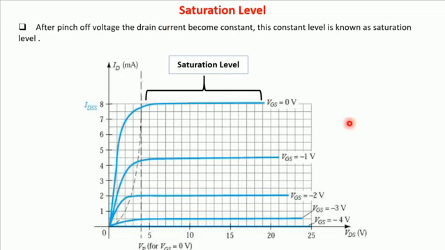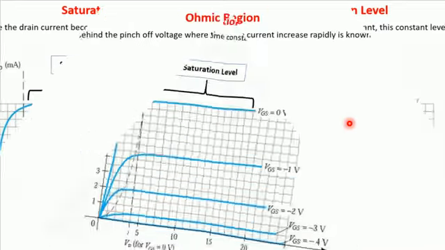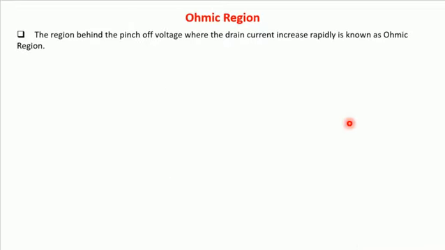So these are the two basic regions which we have discussed right now. After that, the ohmic region, as we have already discussed. What is it? It is a kind of saturation region in the BJT. The region behind the pinch-off voltage where the drain current increases rapidly is known as the ohmic region.